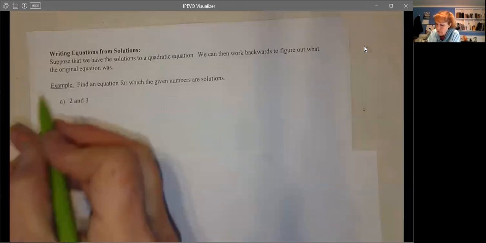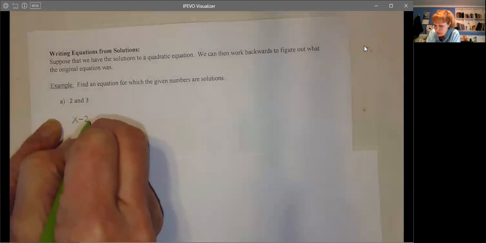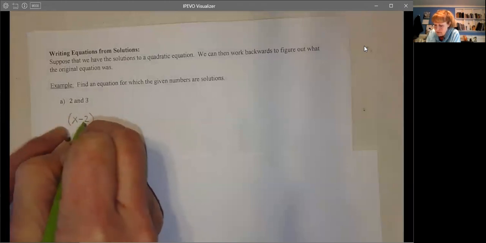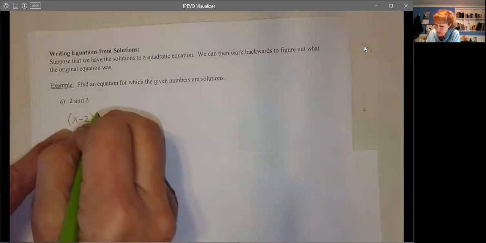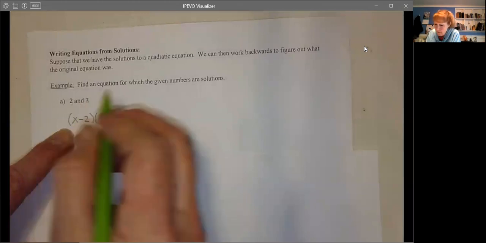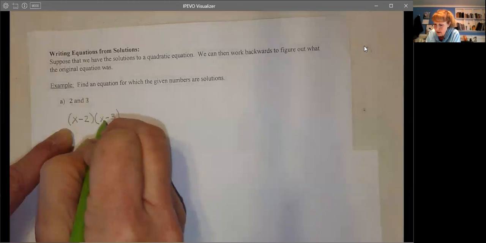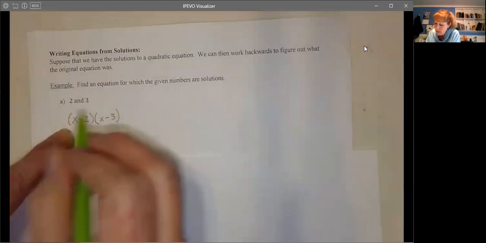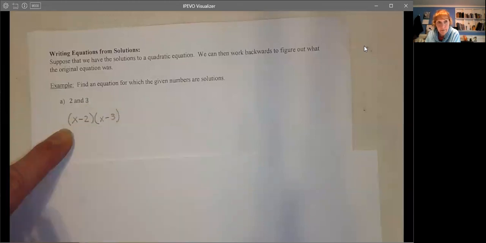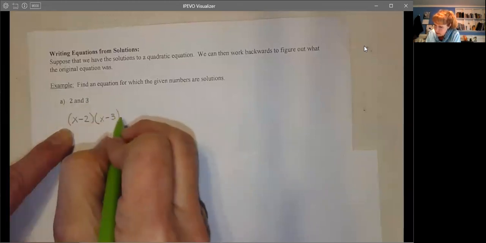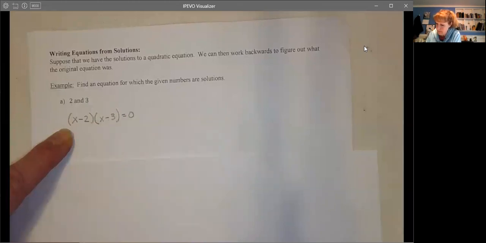And we have a 2, which means I had x -2, because if I solved it, I would go back to that as a solution. 3 means I had x -3. There'll always be the opposite signs there, because when I solve this, I come back to that solution. Okay, equals 0. We'll set it equal to 0.